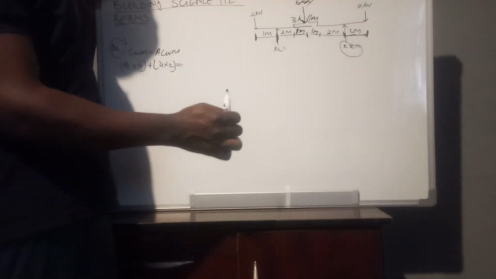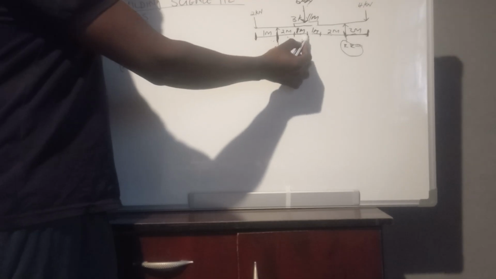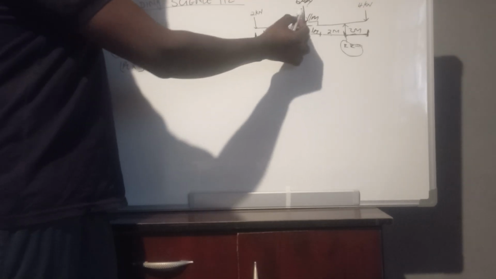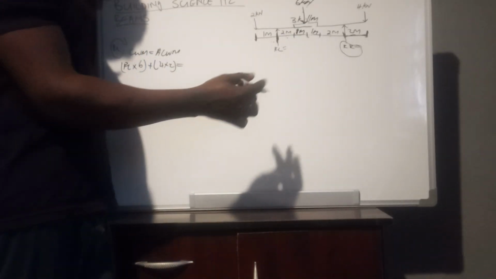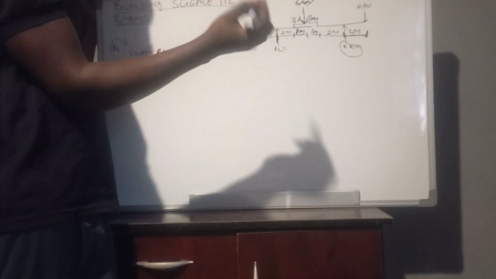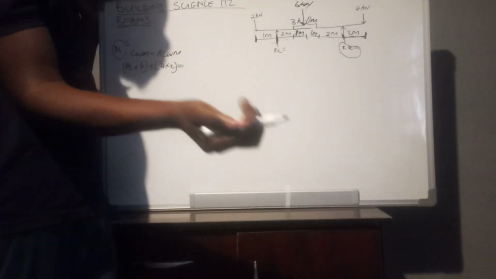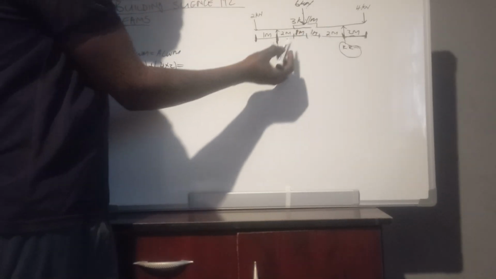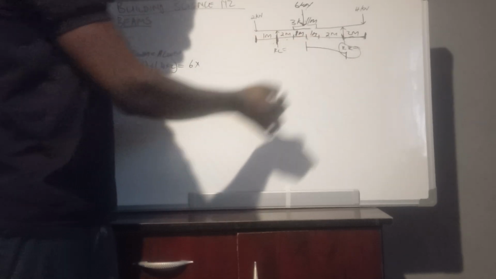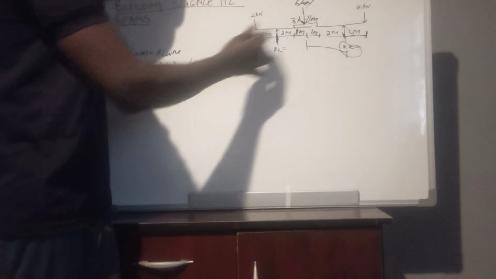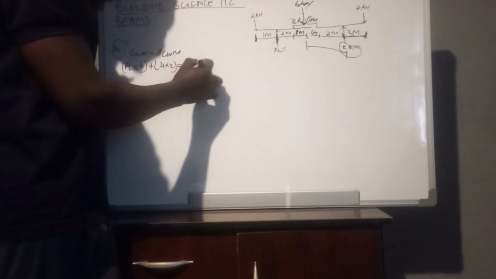Then from here, what are we going to do? We're going to check. We have 6 kilonewton, right? And then we have 2 kilonewton. You can start with any of the two. It's not a big deal. I prefer to start with 6, right? If I start with 6, remember all the forces are moving towards RR. So it's going to be 6 multiplied by the distance it takes from where 6 is up to RR, which is going to be 1 plus 2, which is 3, right?